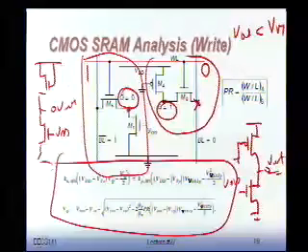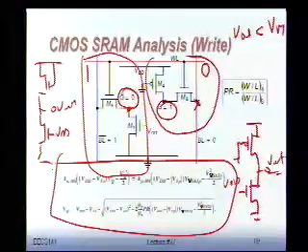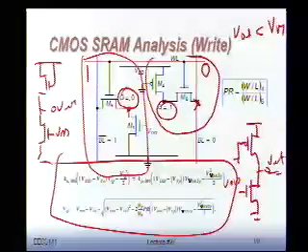It's exactly the same structure we had before. There we said that in the previous case, for a read operation, we have to make sure that V out never goes higher than a certain value. And here we say in order to write a 1, I have to make sure it goes higher than VM. We have exactly the same condition but reversed. So this is non-solvable. Still, this thing works.